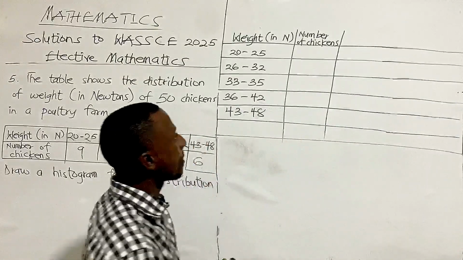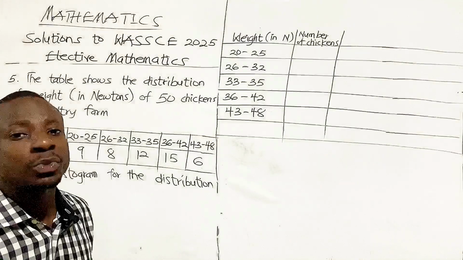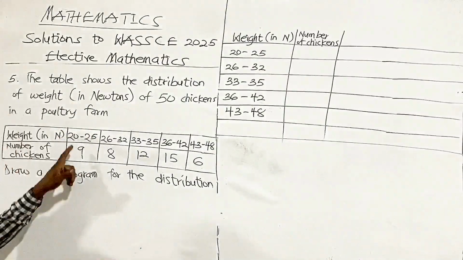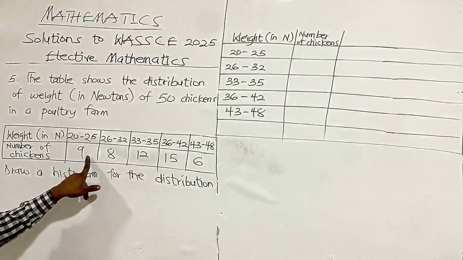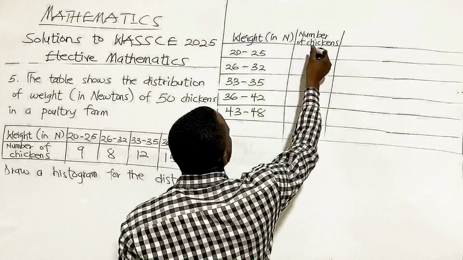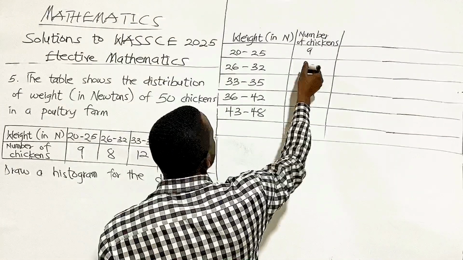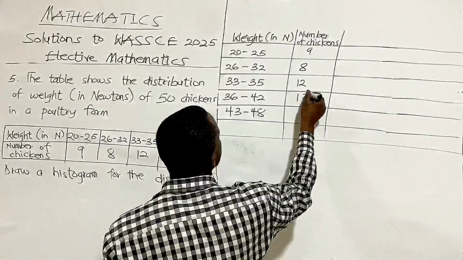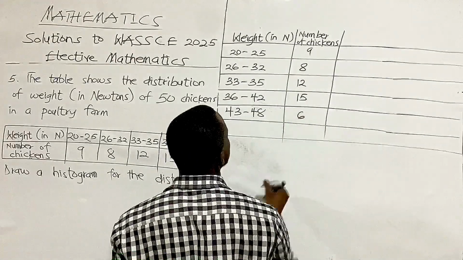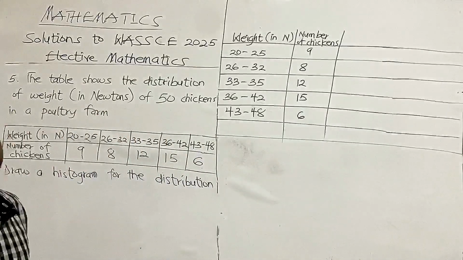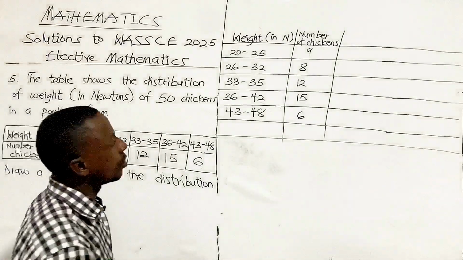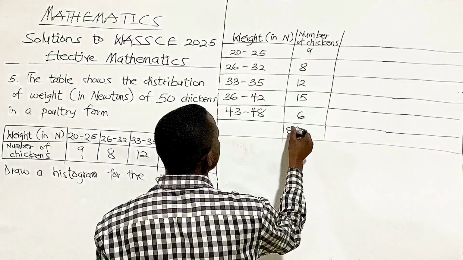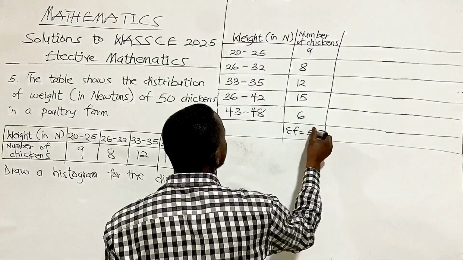Then we are going to write their corresponding number of chickens. So we could see that 20 to 25 is corresponding to 9. So we have 9 here. The next ones are 8, 12, 15, 6. So when you put them together, sigma F will give us 50.